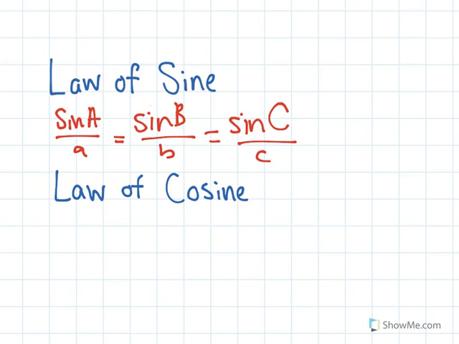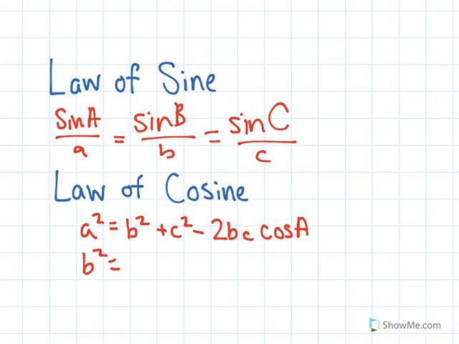For our law of cosines, we have a few equations that we can use. We know that a squared equals b squared plus c squared minus 2bc cosine A. This can be rewritten in various different forms.